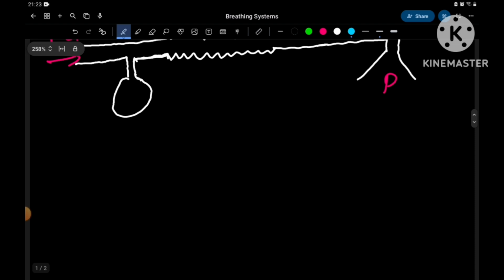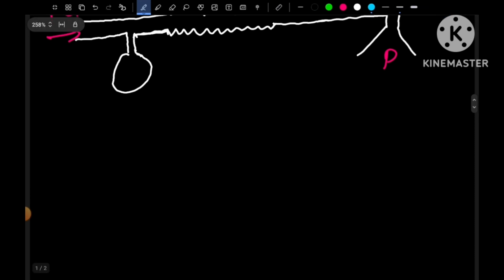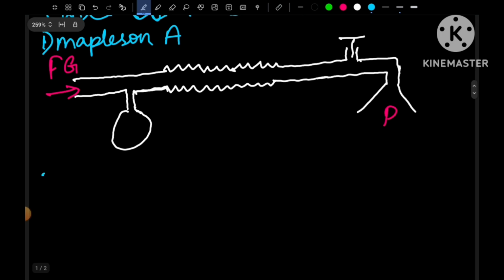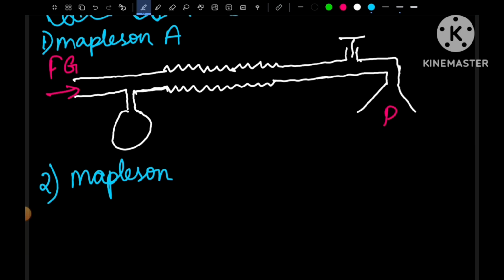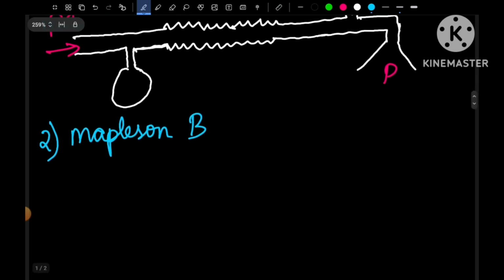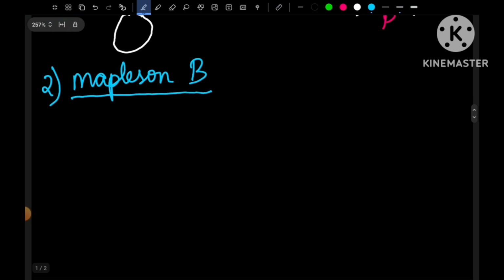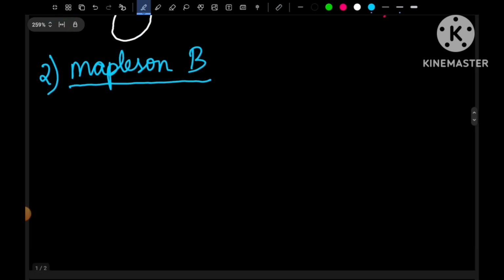Okay, let's go full screen so that it will be good. Next, Mapleson B. Okay, how is this Mapleson B? This underline is making a good difference.